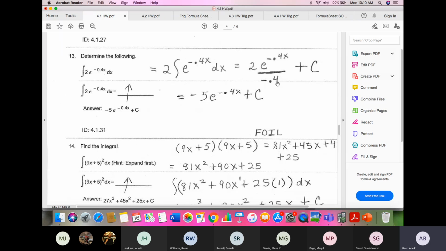So it's negative 0.4 plus a constant of integration. To get their answer, all I did was take 2 and divide it by 0.4 on my graphing calculator and put the negative sign out in front, and then wrote down e to this power and added the constant of integration. Any questions?